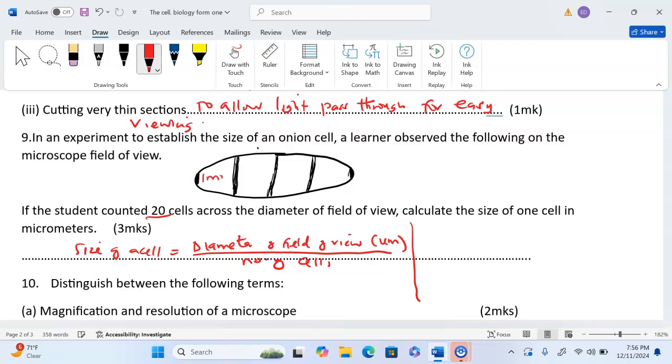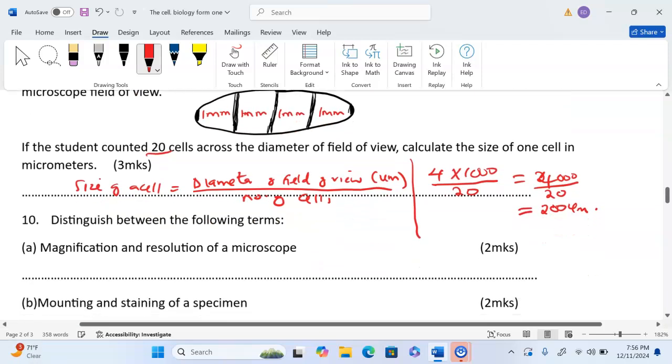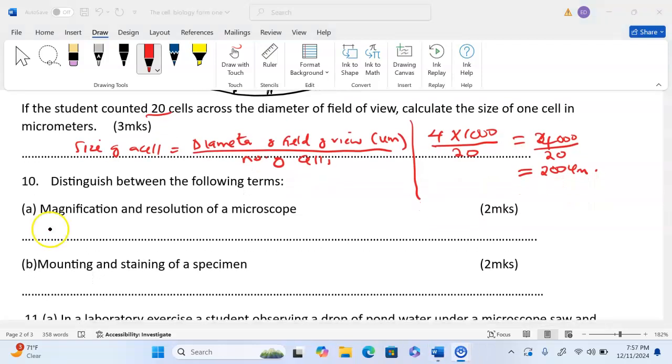A single space is equivalent to 1 millimeter. That means this gives us 4 millimeters. We multiply by 1000 to change them into micrometers, then divide by the number of cells counted. This gives us 4000 divided by 20, giving us exactly 200 micrometers.